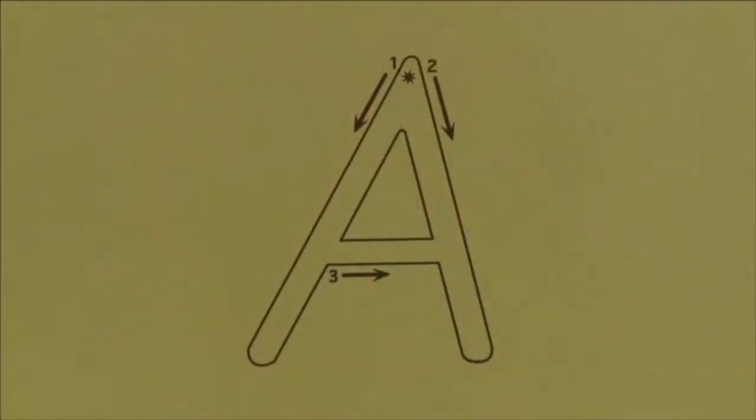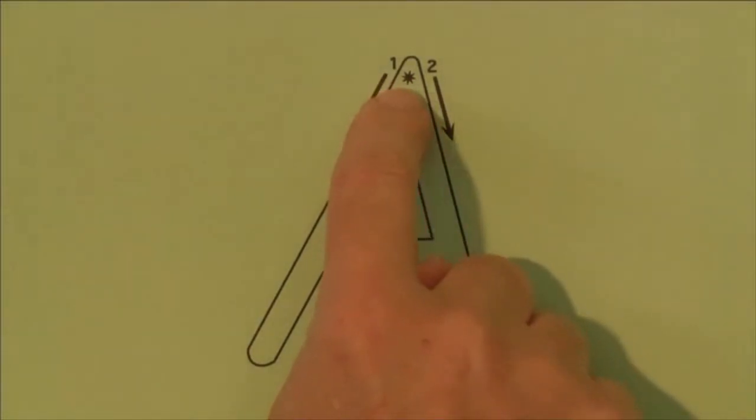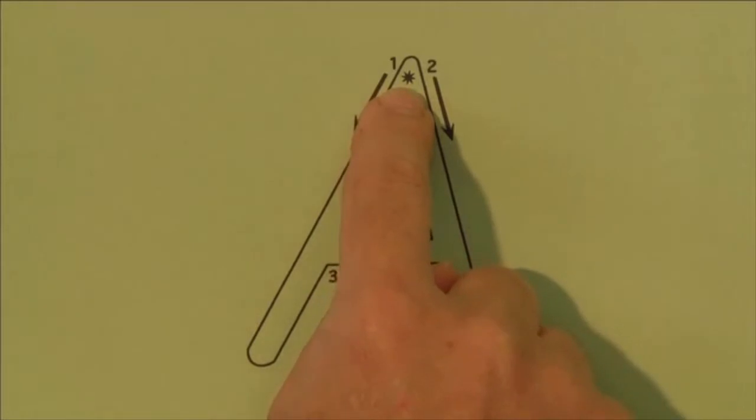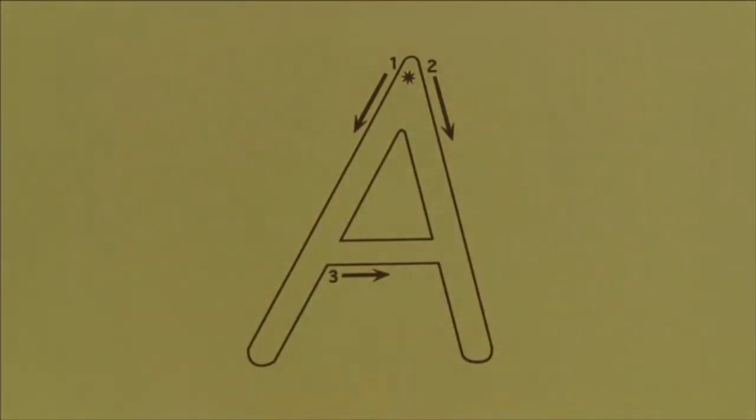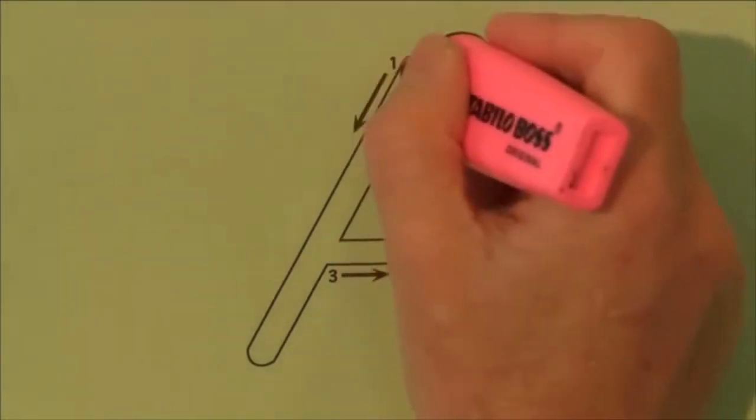Okay. Now on your video screen, you've got the letter A. You can see at the very top of the letter A, on my example, there's a star. On your sheet, it looks like a dot. But that is the indicator for where you need to start to write this letter. So in your handwriting, at school or at work, always start the letter A at that dot or star.